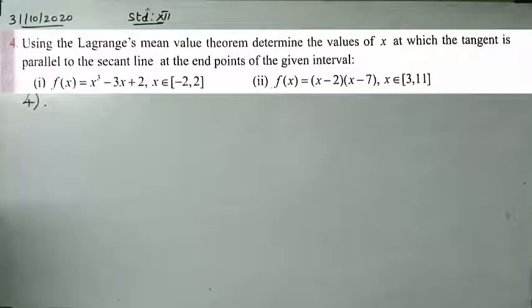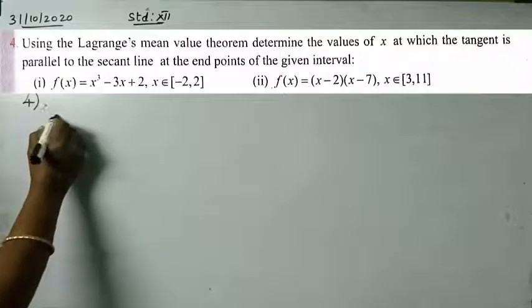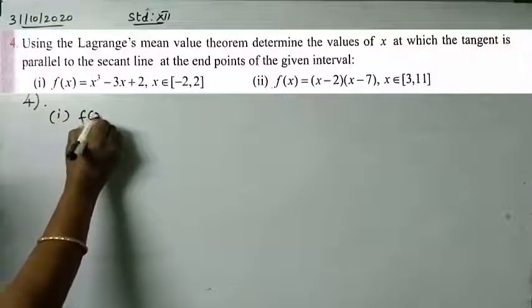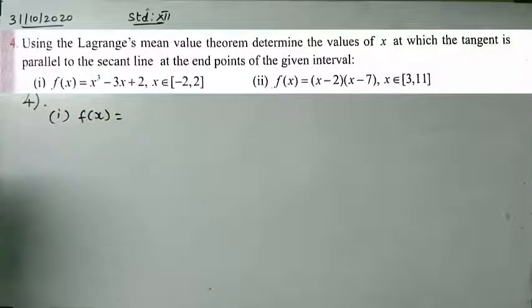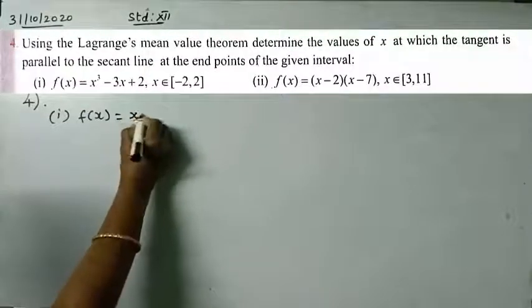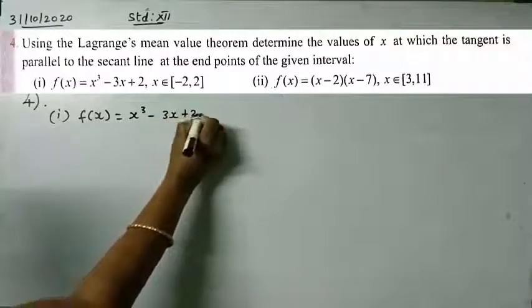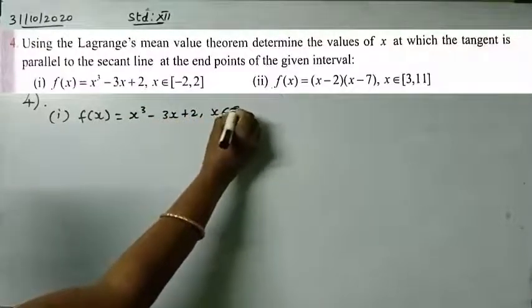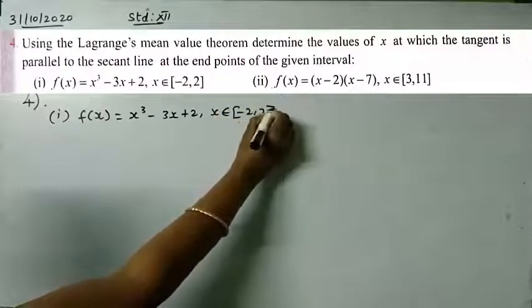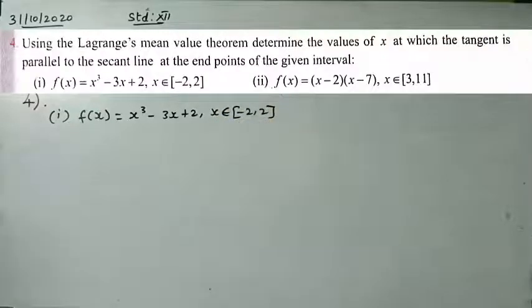First subdivision, f of x is equal to x cube minus 3x plus 2, where x belongs to the closed interval minus 2 comma 2.